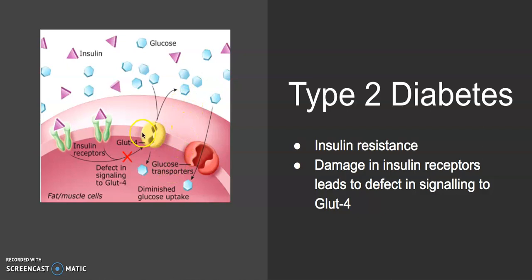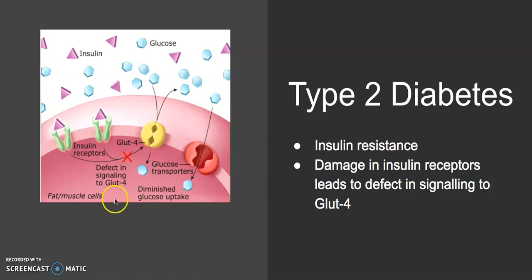So there's less glucose than expected coming into the fat and muscle cell. This corresponds to diminished glucose intake, and so we see a lot of the same effects of type 1 diabetes, but it's a totally different mechanism.